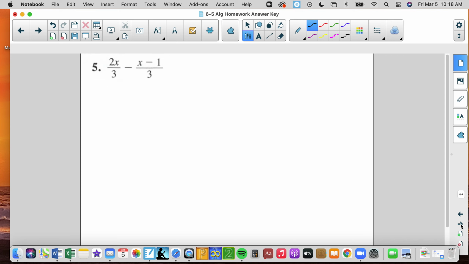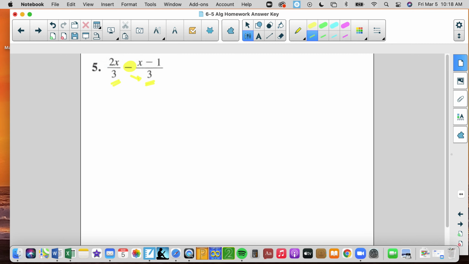Now this is where it gets interesting. We see this negative, and it's outside of that fraction. We don't want to put it in the denominator because it would make these two different. That would be positive 3, and this would be negative 3. So we have to put this negative up here, but you notice that we have two terms up here.